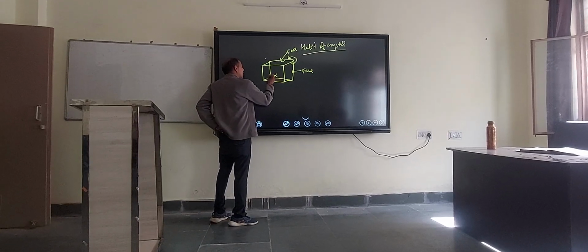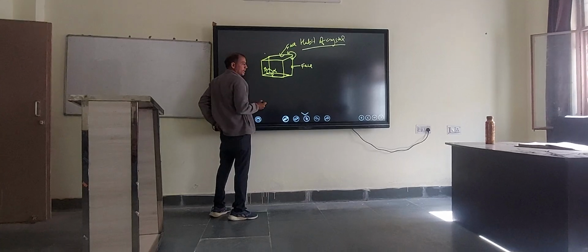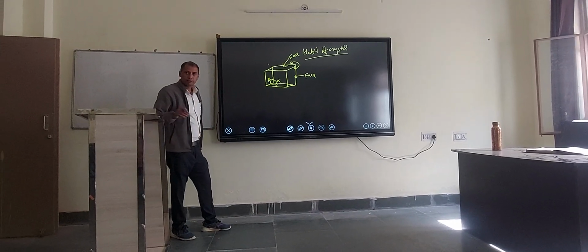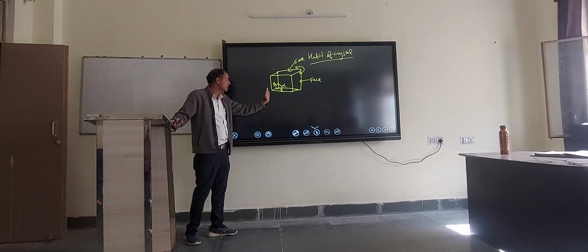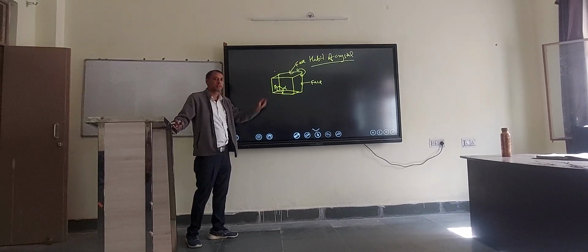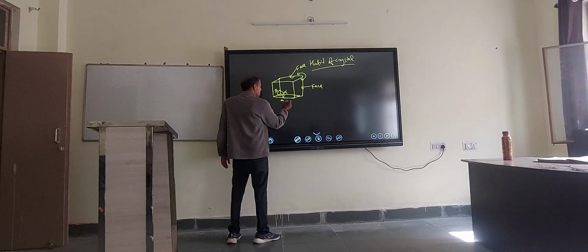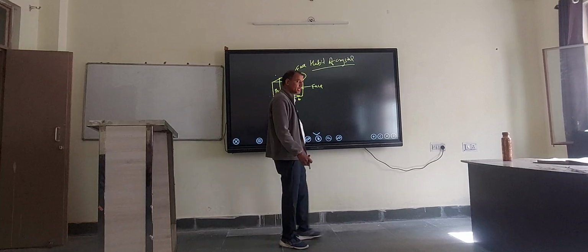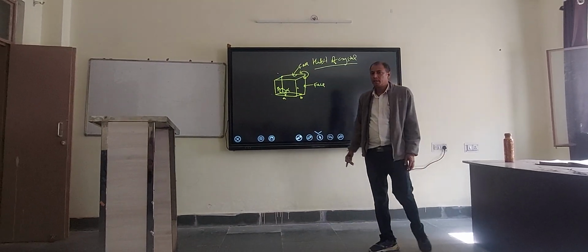Suppose this angle is alpha, this angle is beta, this angle is gamma. How many total angles are there? Three angles: alpha, beta and gamma. The angle between this face and this face is alpha, between this face and this face is beta, and between this face and this face is gamma. And these are the axes, a, b, c.